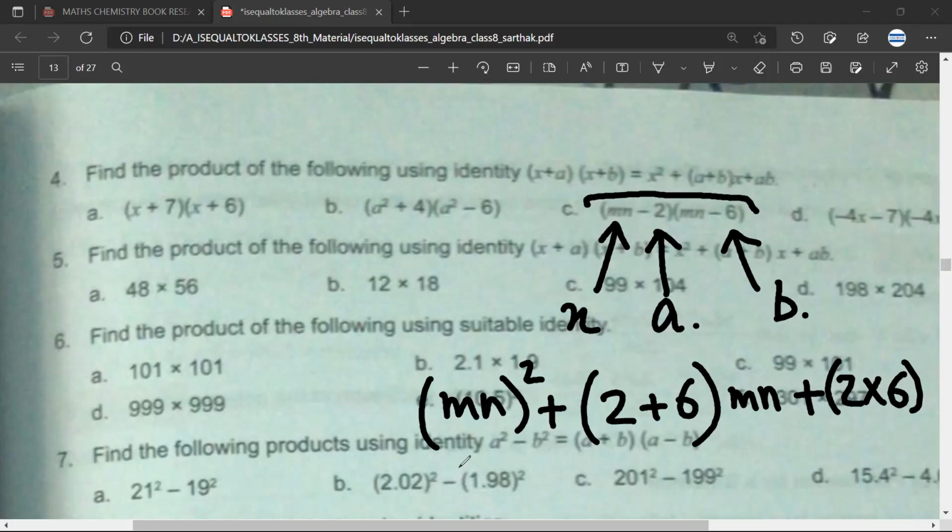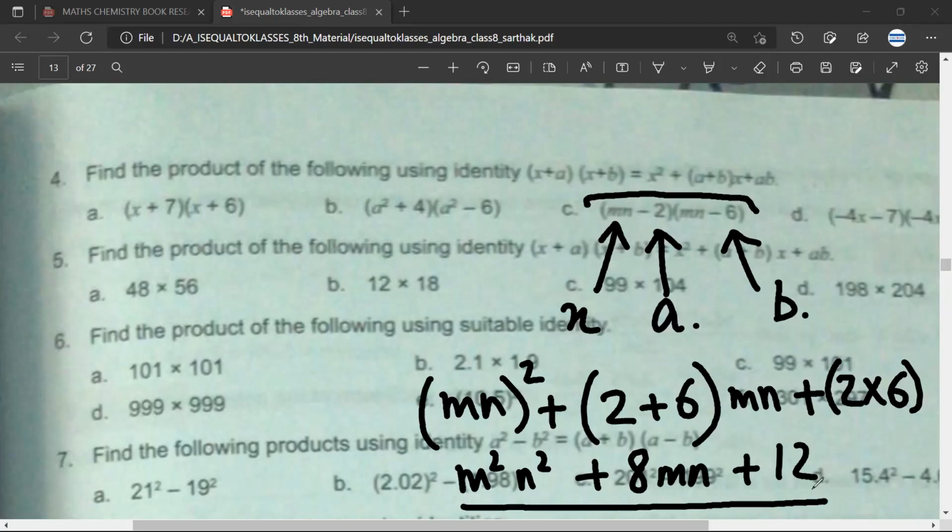Sarthak, any doubt? No, sir. So this will be m square n square plus 8mn plus 12. Is it clear? Yes, sir.